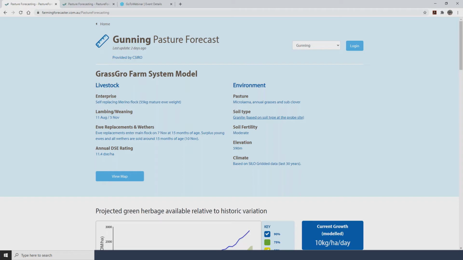So what enterprise is being run, whether it's a self-replacing merino flock, a prime lamb flock, or a beef enterprise, and some information around lambing or calving date and weaning dates.